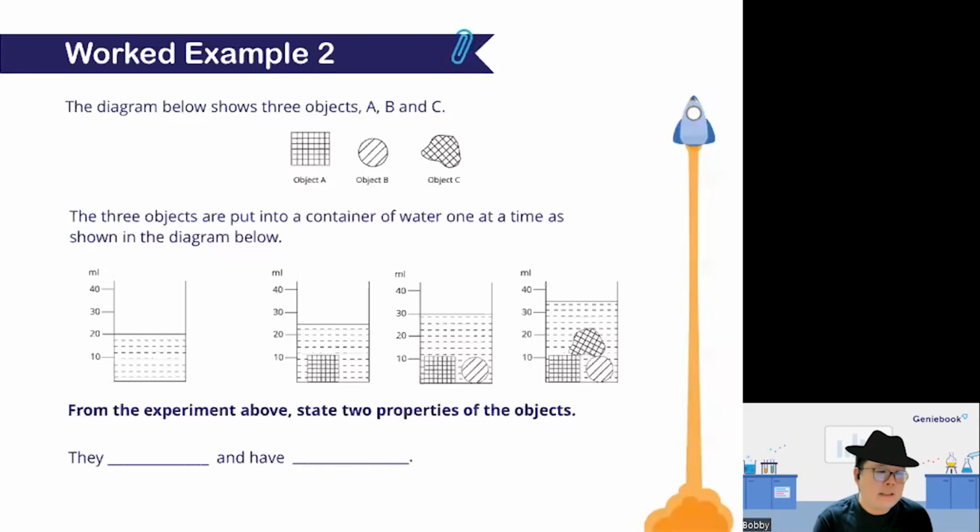If we are using a container of water, we will be looking at space and volume. Any container of water, but if you want to measure, then we need to use a measuring cylinder. As long as we have a container of water, we are testing volume.